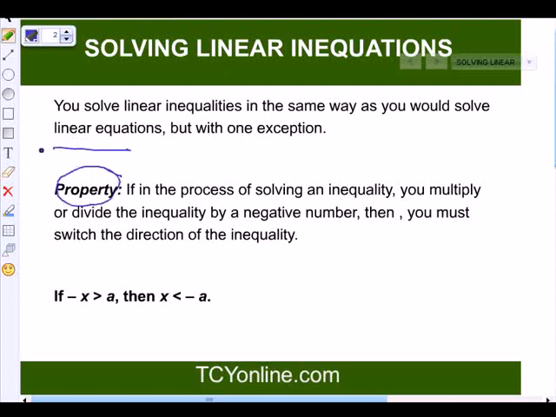If in the process of solving an inequality, you either multiply or divide that inequality by some negative number, then remember, the direction of the inequality gets changed. So over here it says if we have negative x greater than a, that means now I'm dividing both sides by a negative number, so I will have x less than negative a. The sign of inequality gets changed.